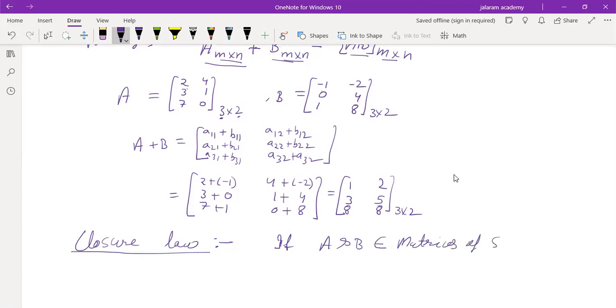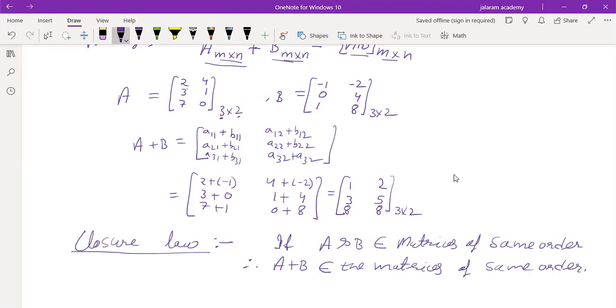matrices of same order, then A plus B also belongs to the matrices of same order. Is that clear to you?